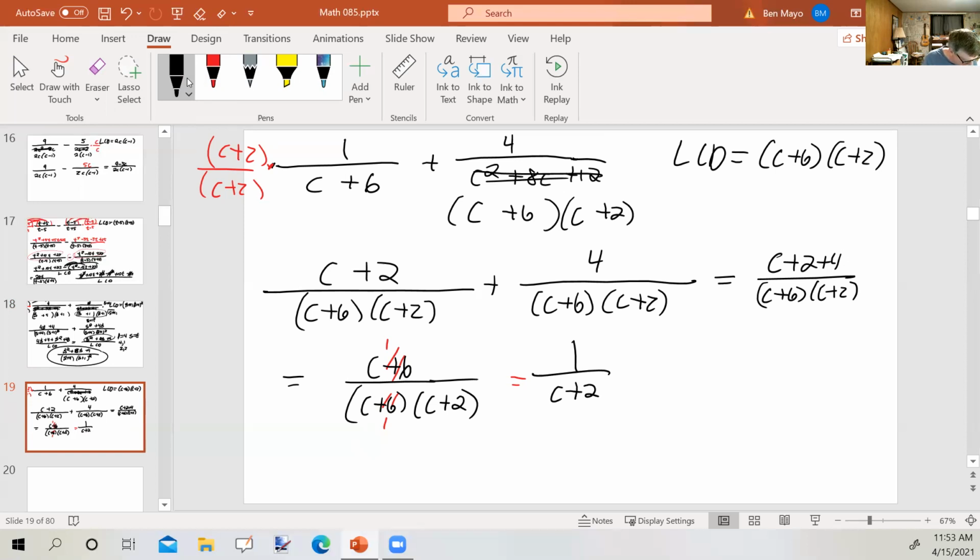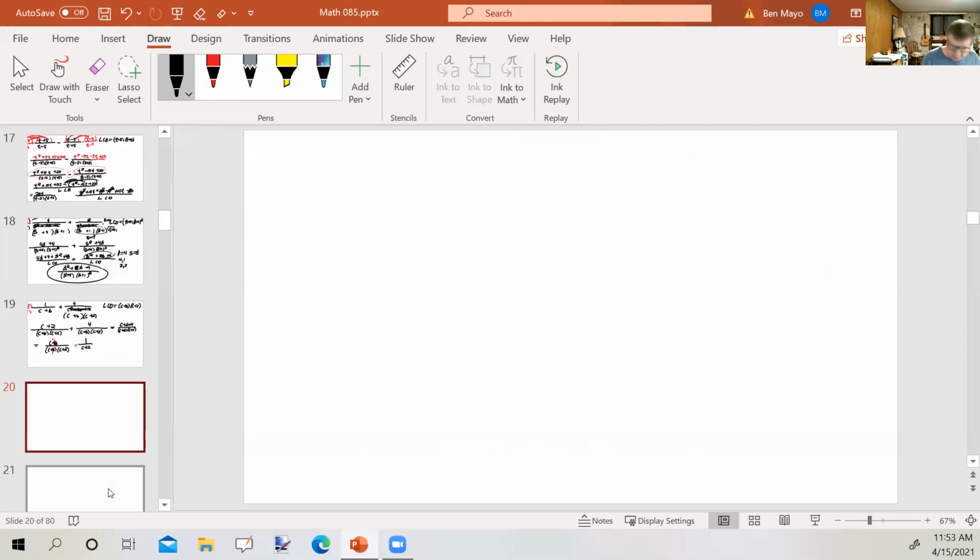Let's take a look at this example. We've got 9n over m plus 4 plus just n. The implied denominator of that second fraction, if you were to write it as a fraction, would just be a 1, so it's like over 1.